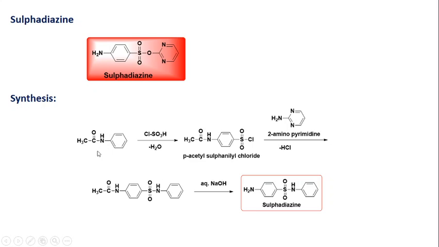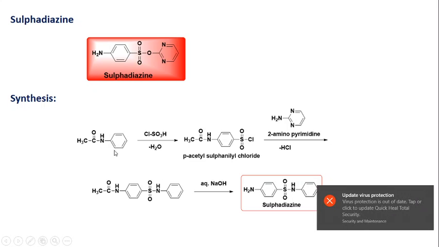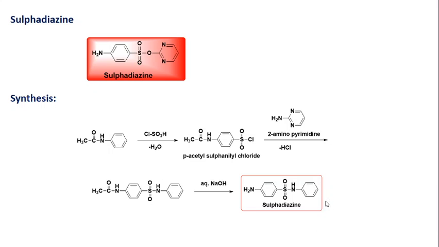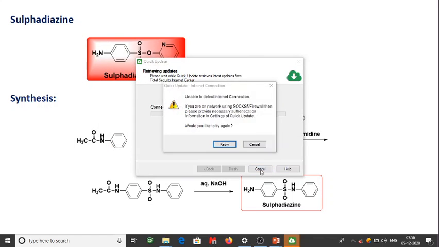In its synthesis, N-acetoaniline, in the presence of chlorosulfuric acid, reacts with the benzene ring.